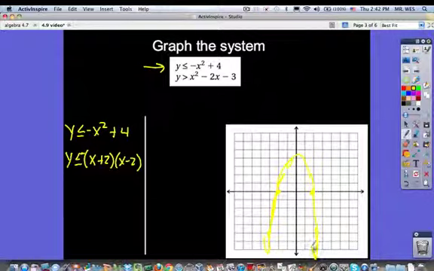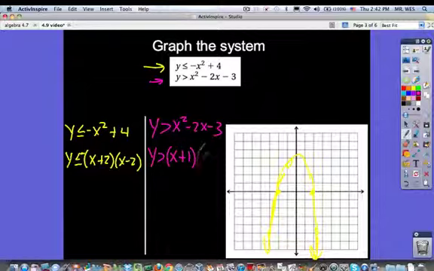Now let's take the second one and graph that one. We have y is greater than x squared minus 2x minus 3. Well, we can take this and factor it and say that it is x plus 1 times x minus 3.